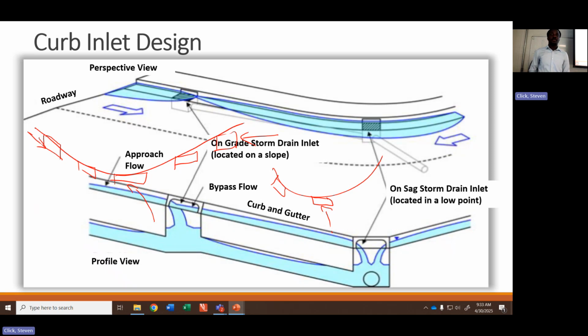Any questions? The reason why we design the ones in the sag curves differently is because they are intercepting water from 2 directions. They are intercepting water from this direction and water from this direction. So their design is different from the ones along the grade line that intercept water flowing in just one direction.